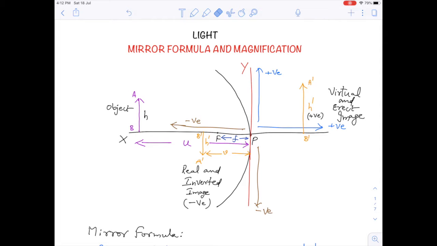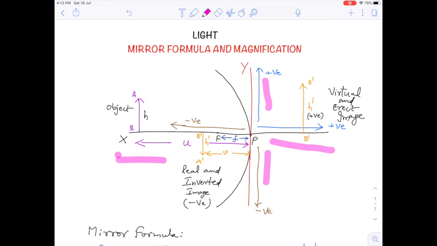From the sign convention, the thumb rule is that all distances towards the right of the mirror are positive, towards the left are negative, towards up are positive, and towards down are negative.